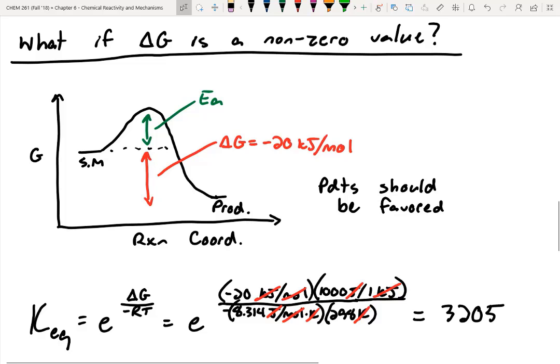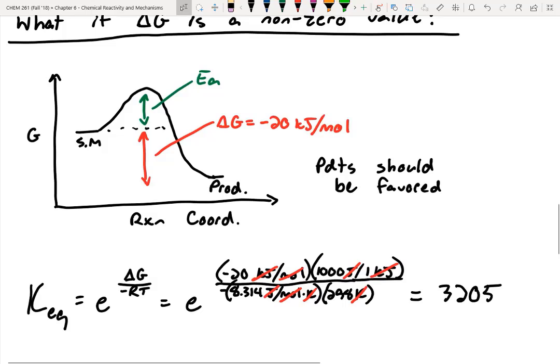Which brings me to my last point. Whenever you've got a delta G value of greater than -20, it's essentially under non-equilibrium conditions anymore.